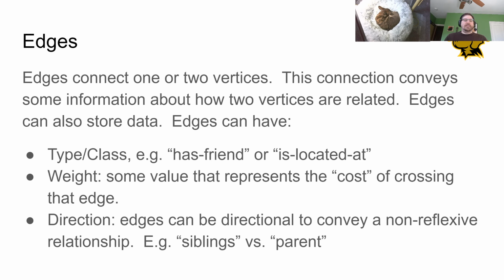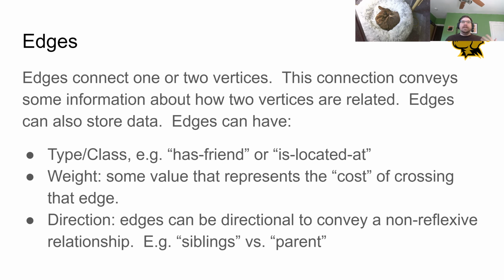Rather than have an edge that connects three vertices, you make a vertex that represents that relationship and connect it to all of the others. So there is actually a way around this without breaking the rule that an edge connects one or two vertices.